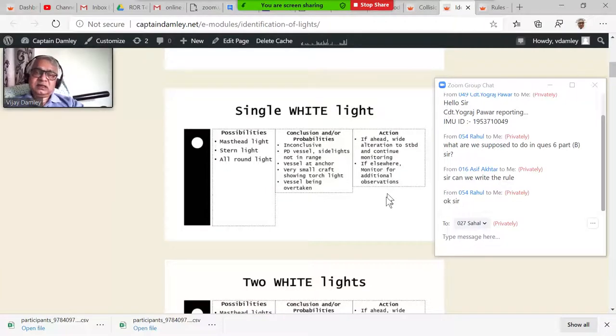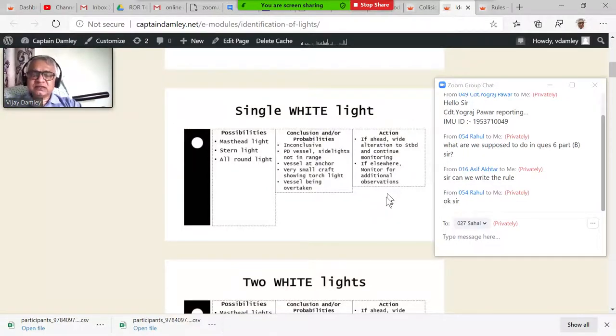Then, other thing, what colors are you likely to see? White, red, green, yellow, or any flashing yellow or flashing red. Now, as we have studied, there are different sectors. Masthead light is seen in the front sector till it goes on two sides, port and starboard.